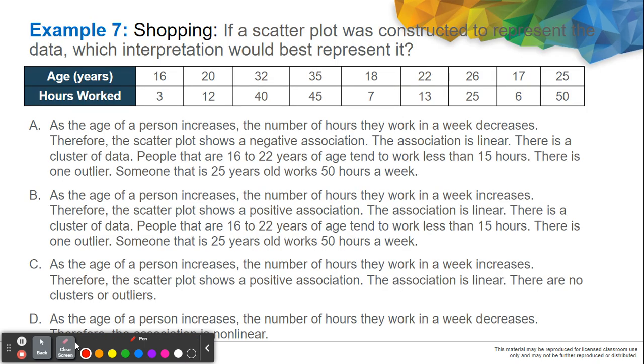For that one, the correct answer is letter B. As you can see here, as the age of the person increases, the number of hours they work also increases. So the scatter plot shows a positive association and it's also linear. There is also a cluster of data.